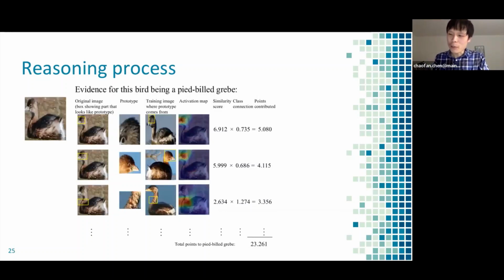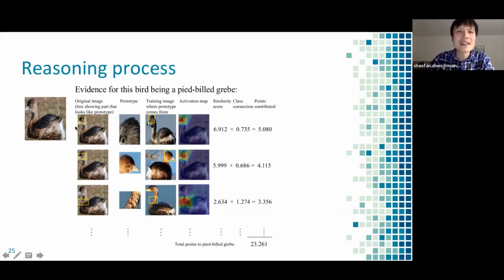And I'll show you some more examples. In this particular slide, we have a test image of, let's see, a pie-billed grebe, okay? So the same idea is that we compare this test image with the prototypical concept, prototypical parts that are learned from the training sets, right?